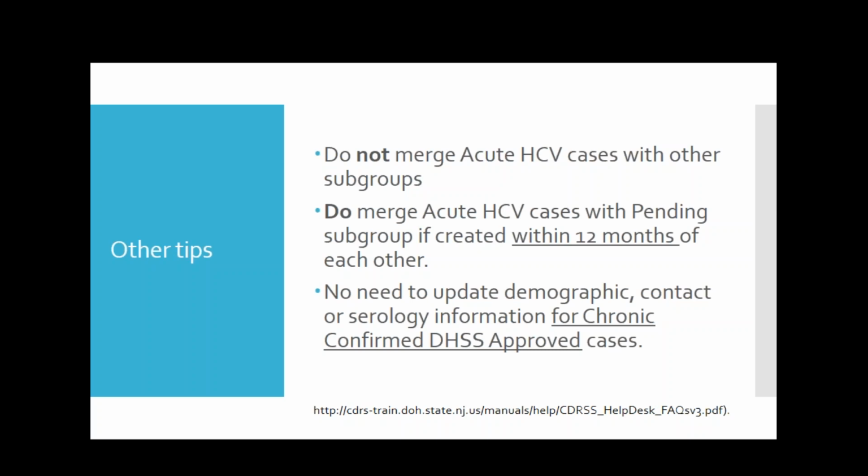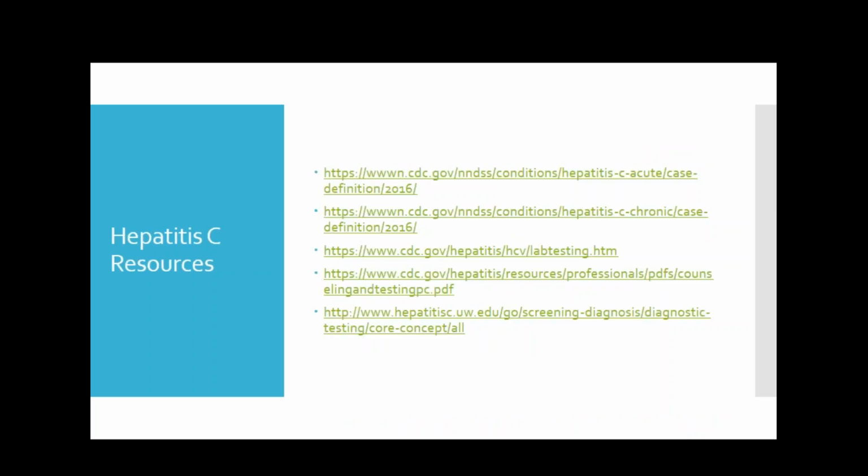Finally, we want to mention that there is no need to update or contact any laboratory information for cases which were DHSS approved and are chronic confirmed. So this slide provides resources on testing, screening, and lab tests. They're very useful, so feel free to look them up.